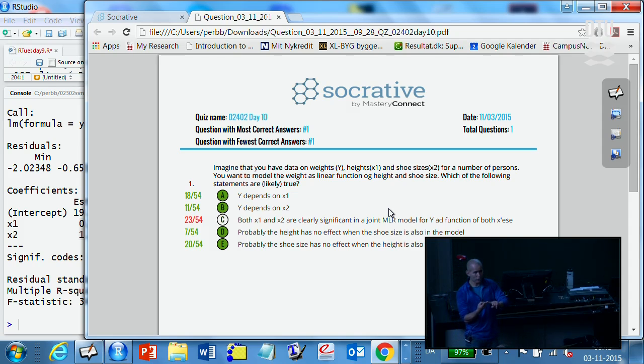So I assume that there is not room in the model for both height and shoe size to predict weight. But definitely, of course, individually, height will be closely related to weight. We've already seen that. And similarly, if we just take shoe size and try to predict the weight by shoe size, yes, it will be related. Question?